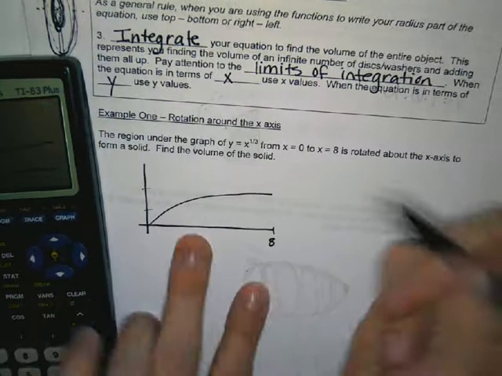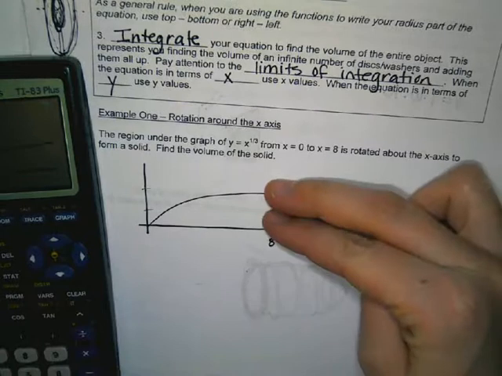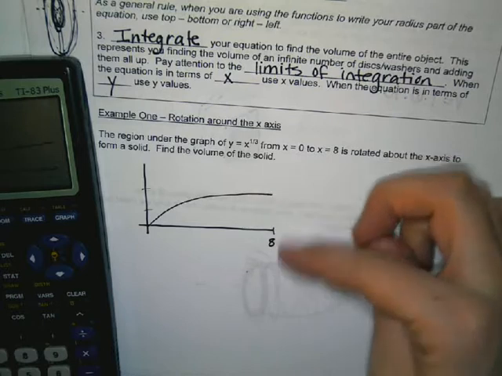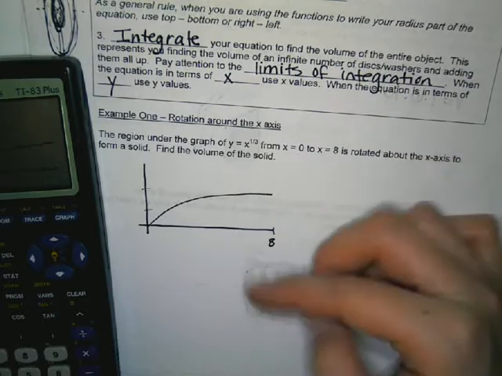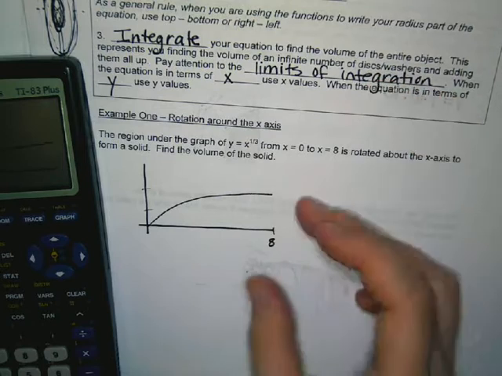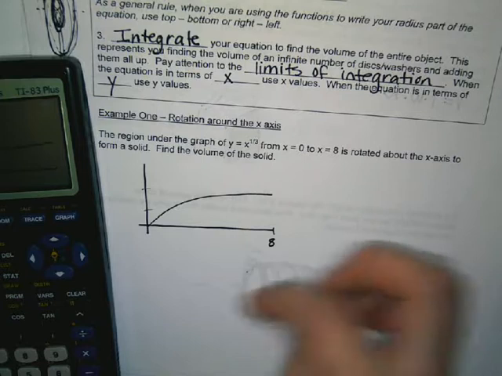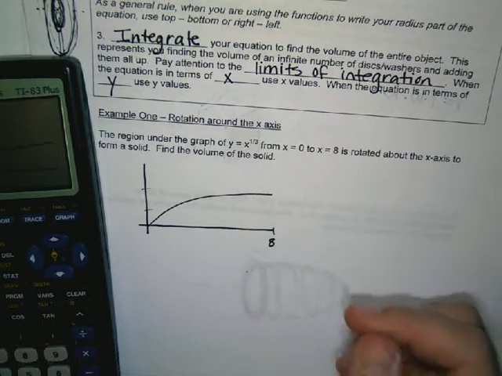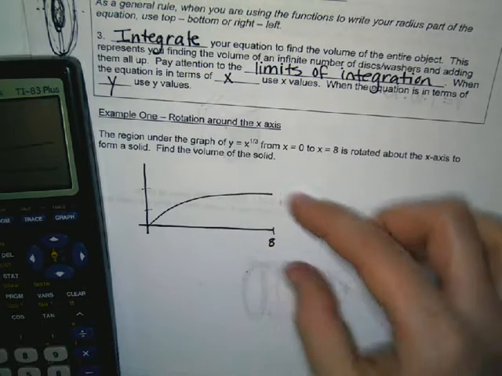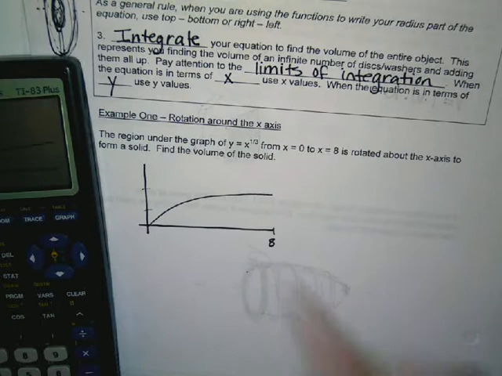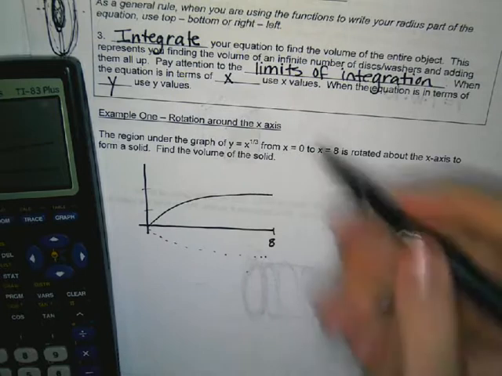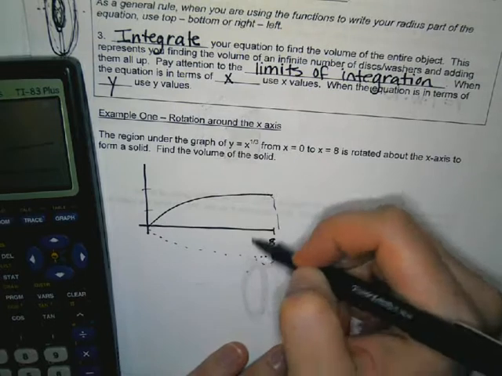All right. So if you envision this chunk here spinning around, you're going to have like a solid figure. What's the shape that would be like? If this was a piece of metal and they were spinning it around to form a solid figure, then you'd have a solid, almost bullet-shaped expression. So maybe to show that as best I can in a two-dimensional world, it would be spinning around like that.